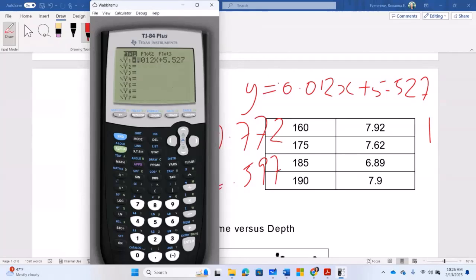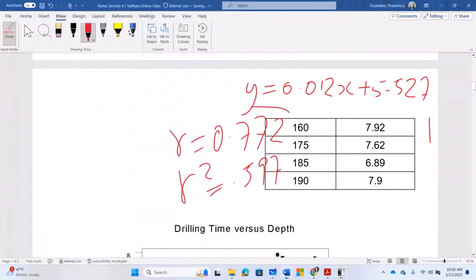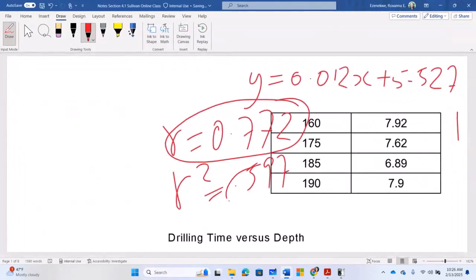Because the slope of the equation is positive, we shall say there's a positive linear relationship. But what actually prompts me to say high? I will say high because the coefficient of correlation is 77%. So that's a high positive linear relationship between X and Y. Okay, I'm now going to go ahead and draw the equation.